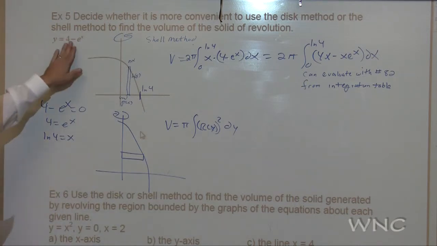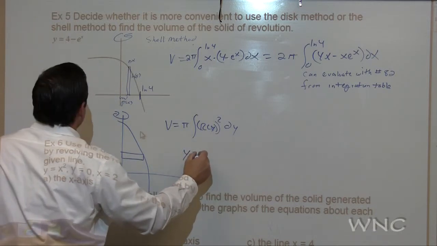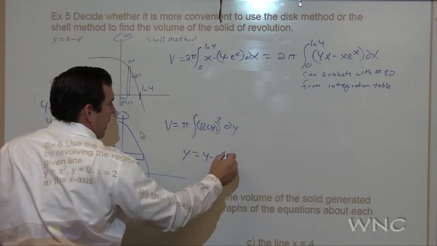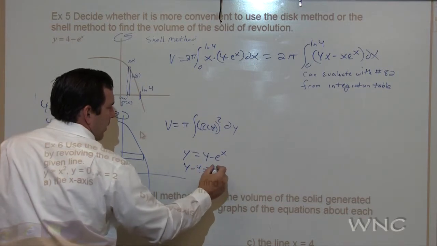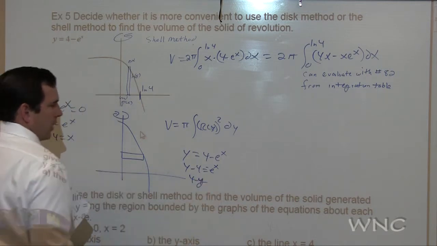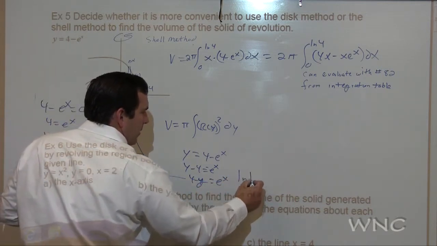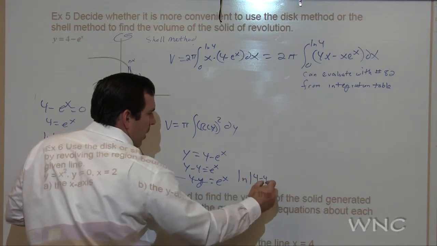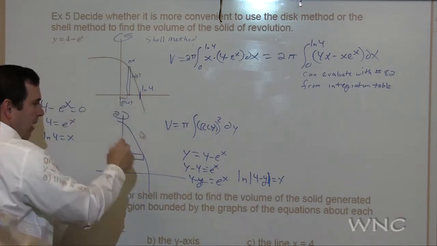So we have to solve this for x. So y equals 4 minus e to the x. y minus 4 equals a negative e to the x. So 4 minus y, it's going to be e to the x. So the natural log of the absolute value of 4 minus y equals x. That would be our function here.